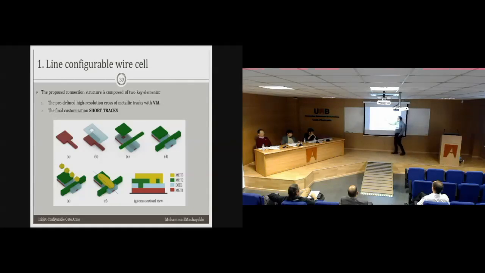So we are having a dielectric in the middle with a via opening and a square of metal 2 layer which is connected to metal 1, but it is not connected to the vertical metal 2. Just by printing a very fine line, connecting this vertical line to its similar layer square, we are actually connecting this one to metal 1. It means that we are connecting this layer to this layer.